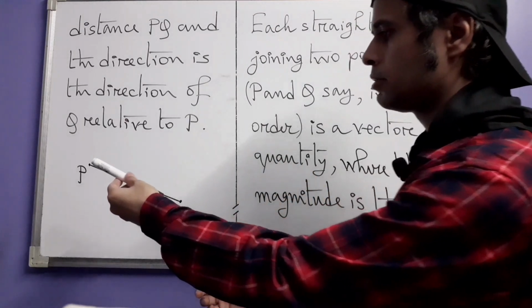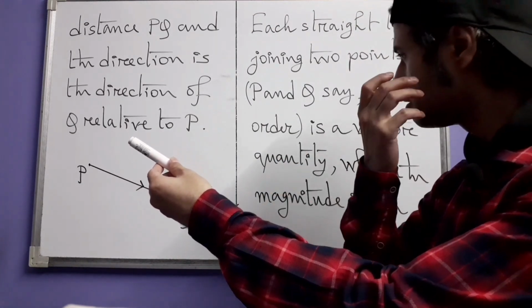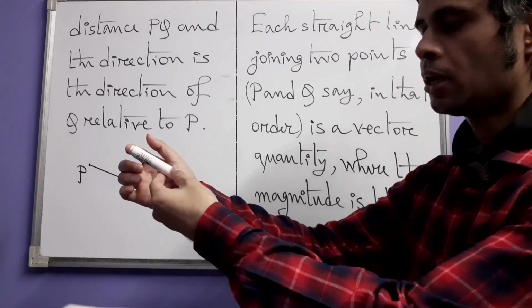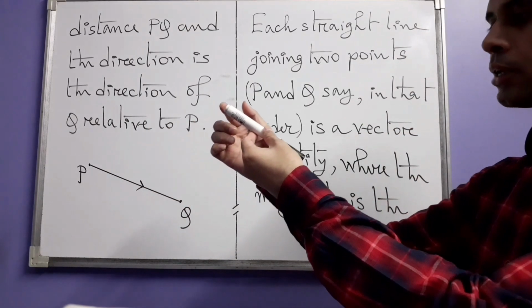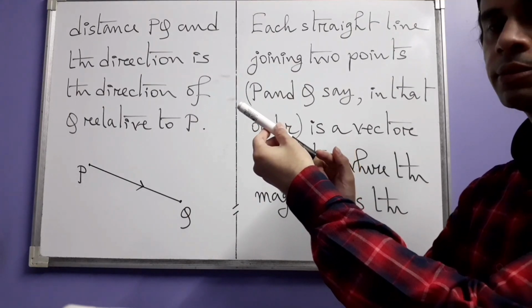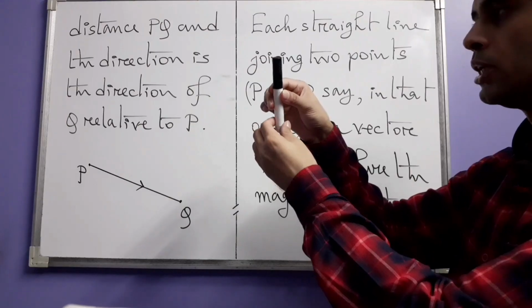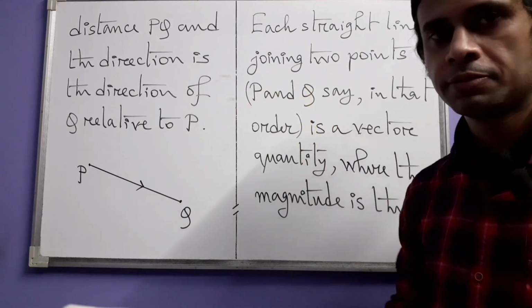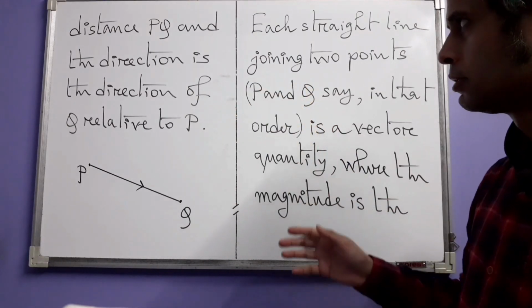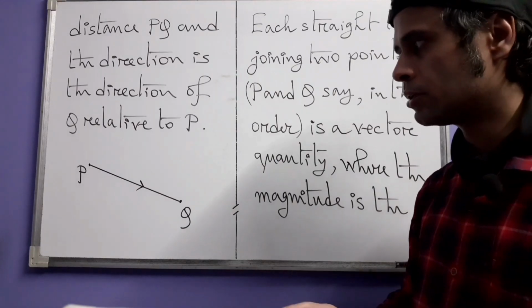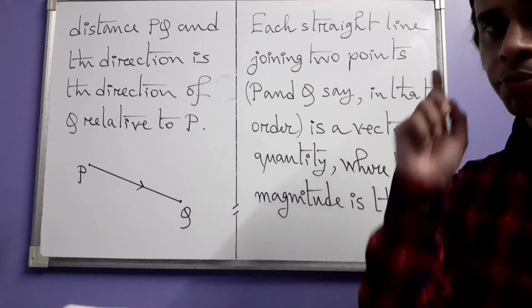Say you can think of this as a vector where the initial point is this and the terminal point is this, or it can be like this. It can be oriented in any way in space.